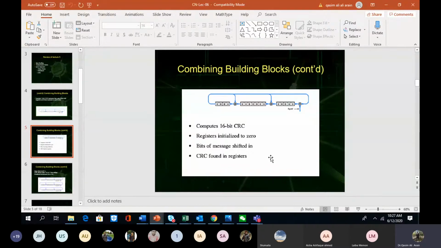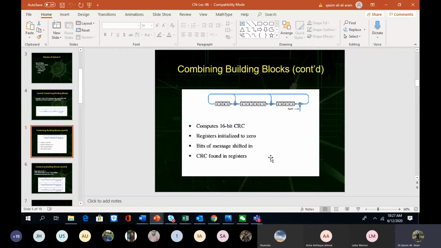When the 16-bit register is filled, that value is going to be popped in, sorry, and that particular value is called your CRC value. CRC bits of message shifted in and CRC found in the register. The final values that you see in place of all these zeros would be called your CRC value.